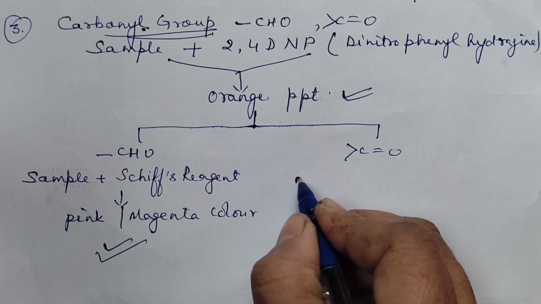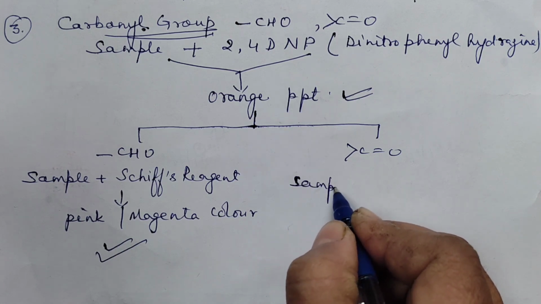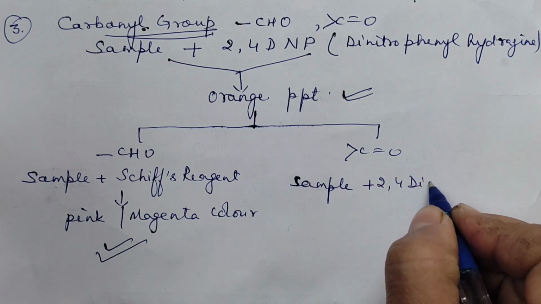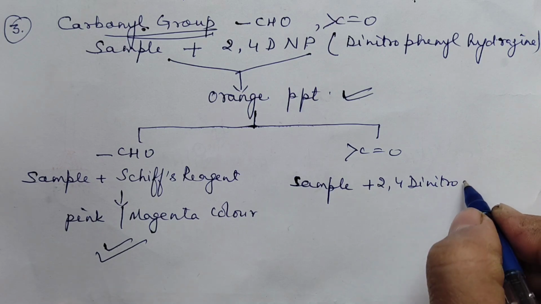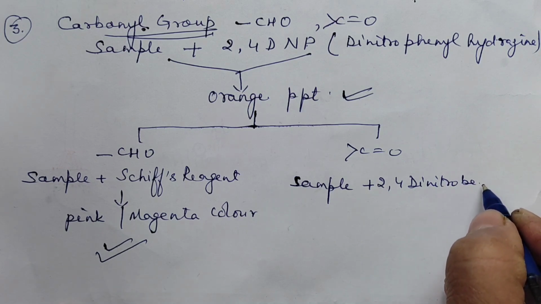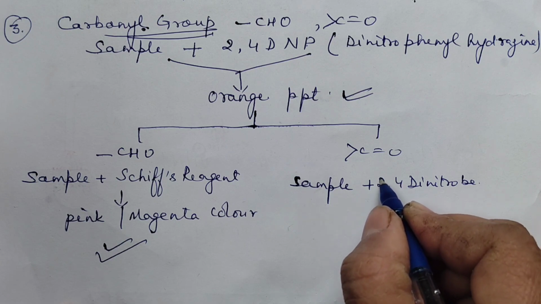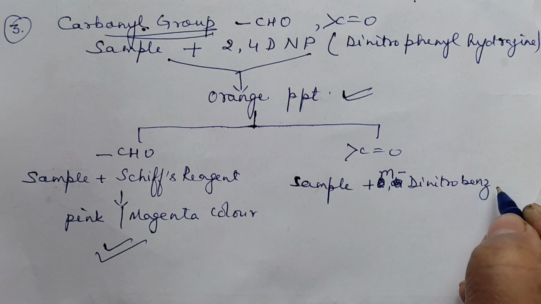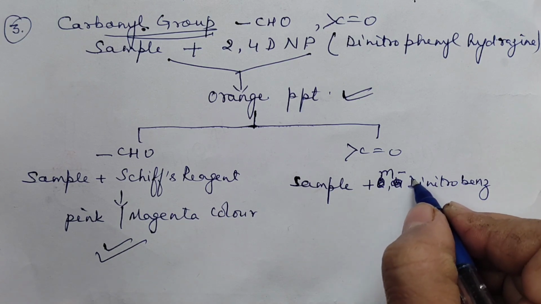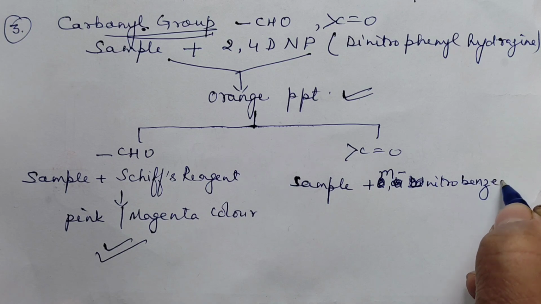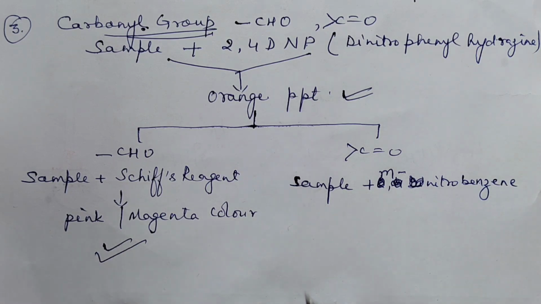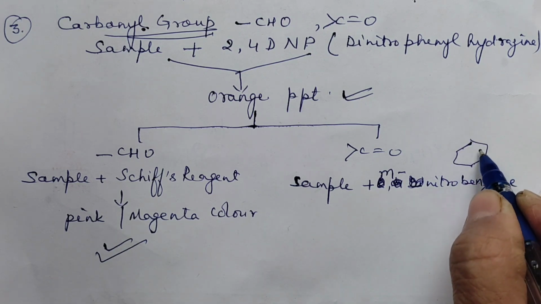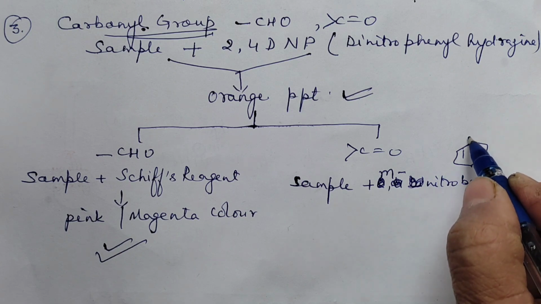One test for ketone is sample solution. Whatever sample you have, it's in the liquid form, so sample itself, plus meta-dinitrobenzene. Not 2,4, sorry. It's meta-dinitrobenzene. So it's just the meta position. Please make that correction.